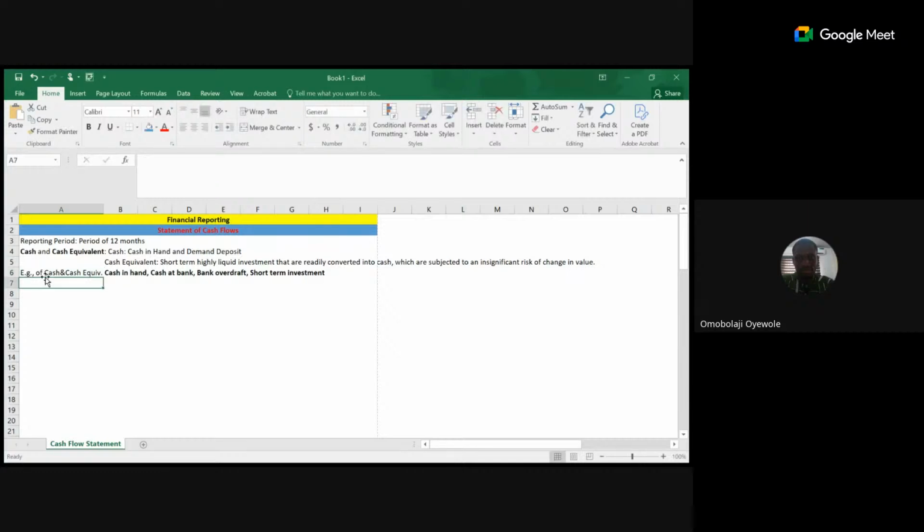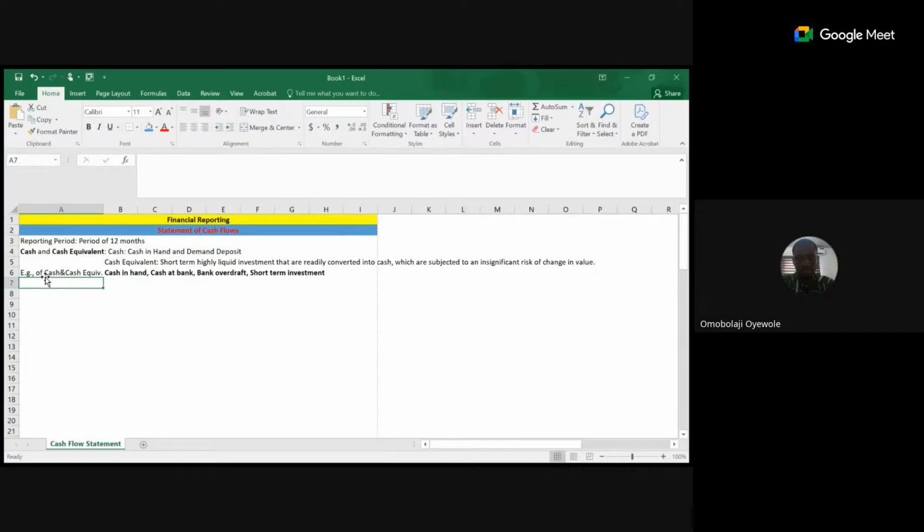So the cash flow statement reveals two things. Number one, it shows the cash flow of the entity during the reporting period. And number two, it shows the changes in cash and cash equivalent during the period.